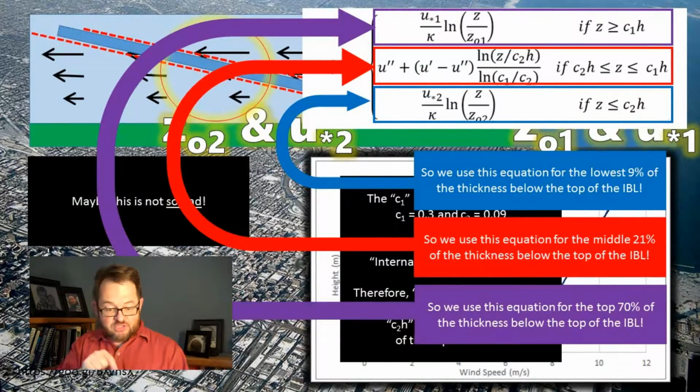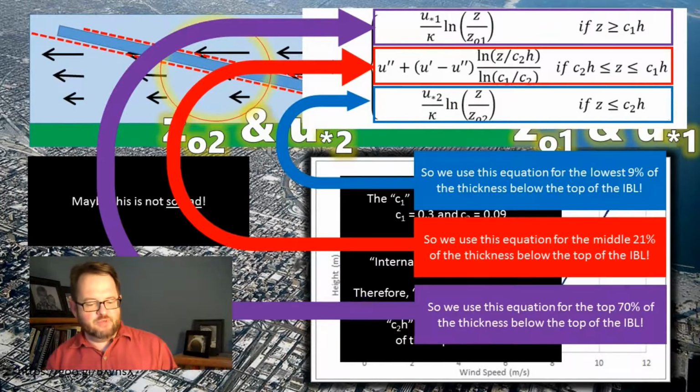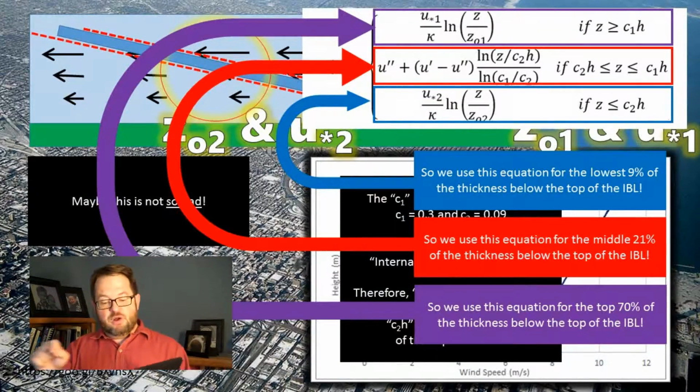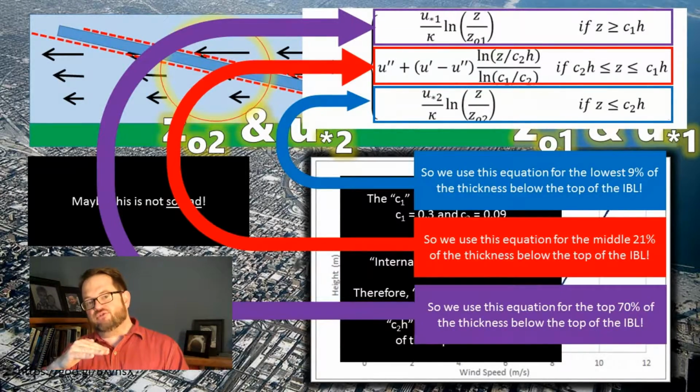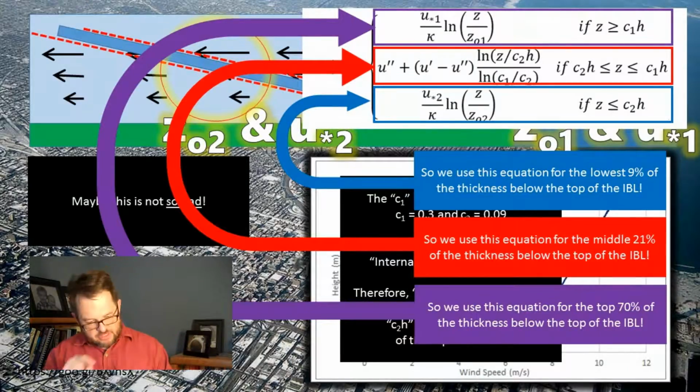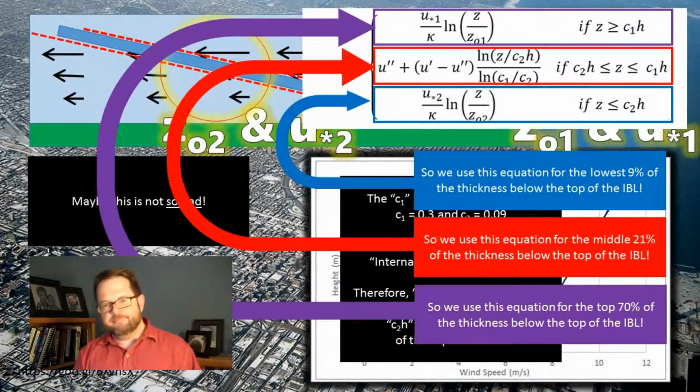The bottom equation, the one I've boxed in blue, is the one we're going to use for heights less than C2 times H, the lowest 9% of the internal boundary layer. And that red one is the equation we're going to use for heights between 9% and 30% of the internal boundary layer. So the middle 21% of the internal boundary layer gets that equation.